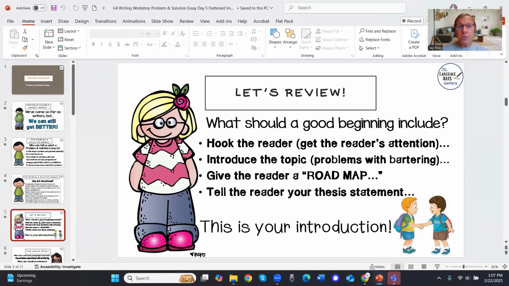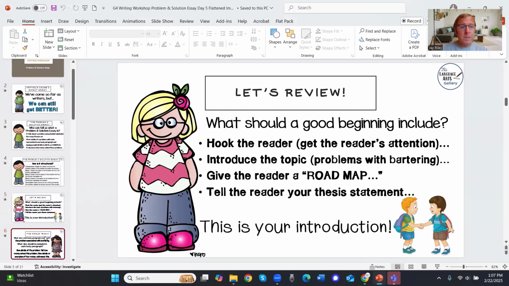Then we want to introduce the problem, which is problems with the barter system. We want to give that reader a roadmap or a thesis map. Remember, we're talking about 3 big problems or 3 big ideas related to problems with bartering. And then we've got our thesis statement, which is that money solved all of these problems.